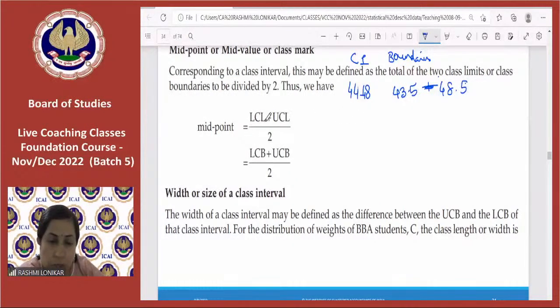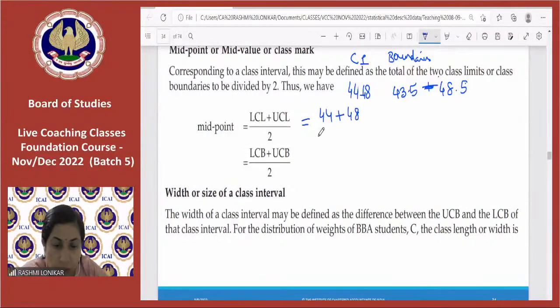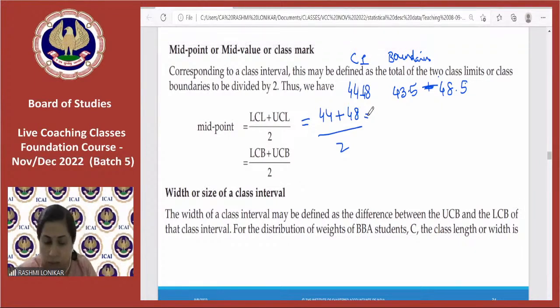Now we are talking about midpoint, which is lower class limit plus upper class limit upon 2. Lower class limit is 44, upper class limit is 48, upon 2. So for this class interval, the midpoint is 44 plus 48 divided by 2, which is equal to 46.